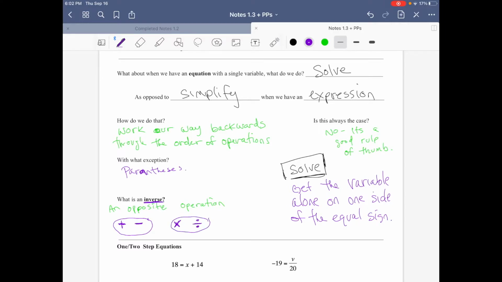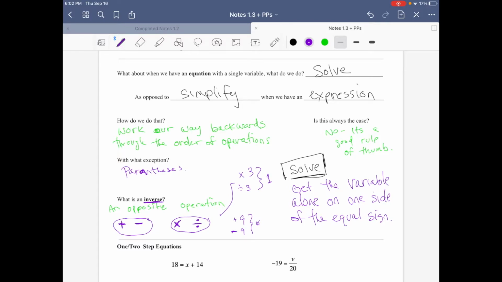With addition and subtraction, if you were to add 9, the opposite of adding 9 is to subtract 9, right? And that would bring us back to 0. With multiplication and division, if you were to multiply by 3, the opposite of multiplying by 3 would be to divide by 3, and that would bring you back to 1.